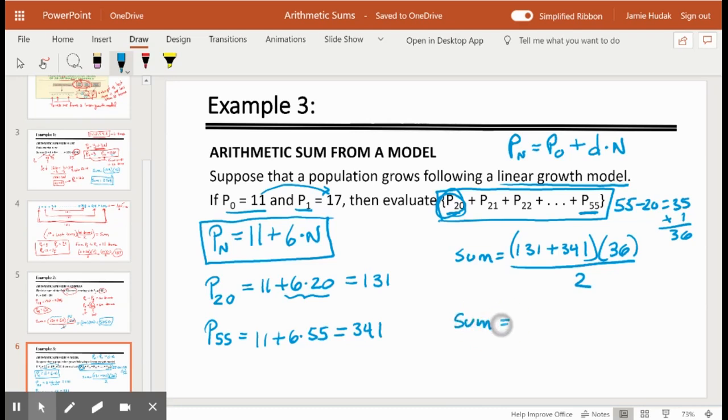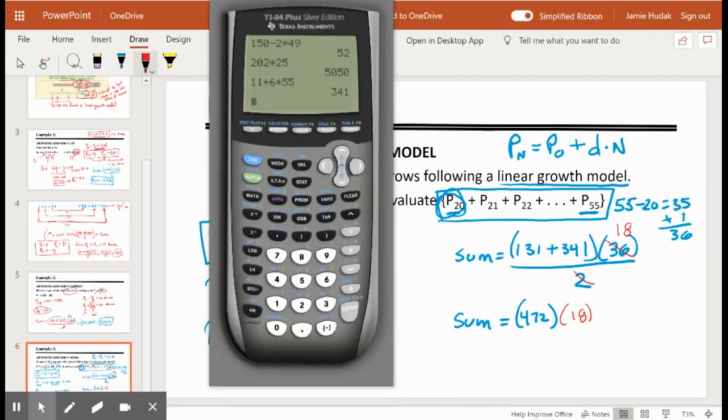And the sum is equal to, this is 472 times 36 divided by 2, which is 18. 472 times 18 gives us 8,496.